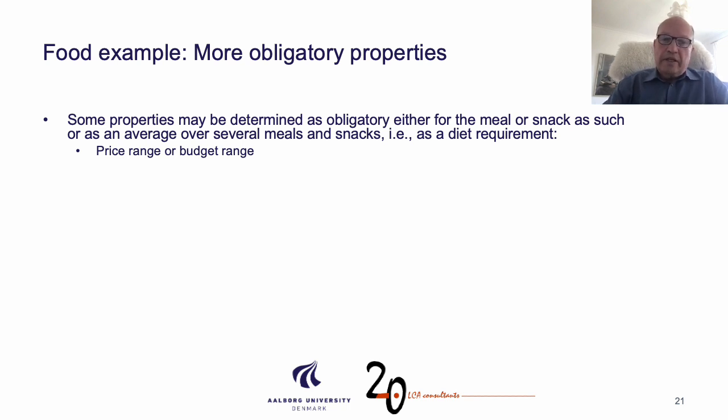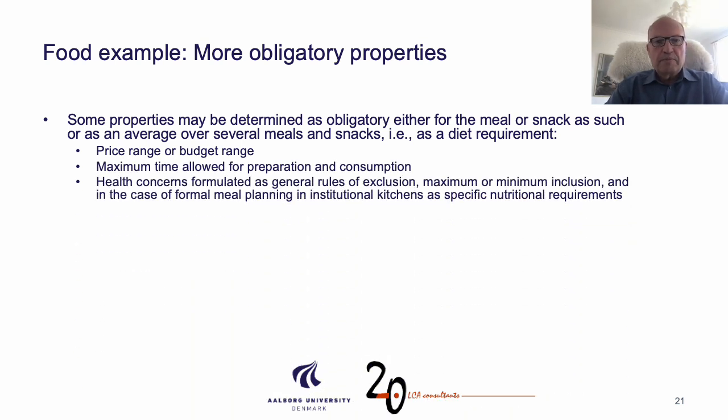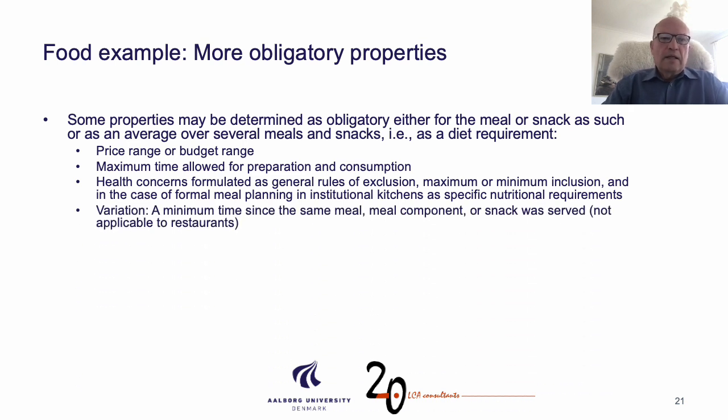You look at the price range or the budget range you have, the maximum time allowed for preparation and consumption, health concerns, and here this may be even more important to look at in the context of diets, and variation in terms of the minimum time since a meal has been served last. This is obviously not applicable to restaurants that have different customers all the time.